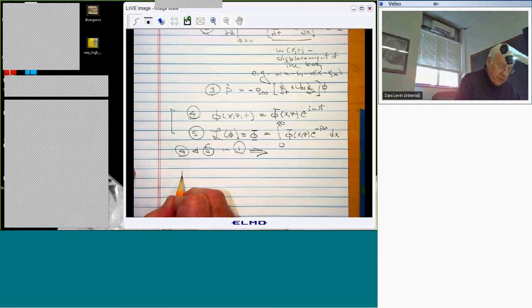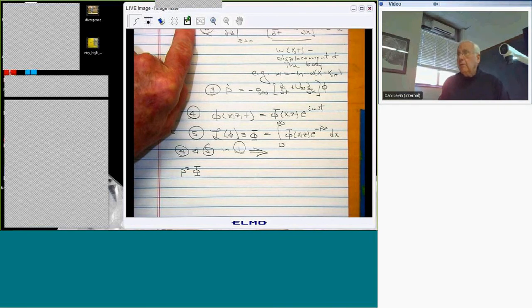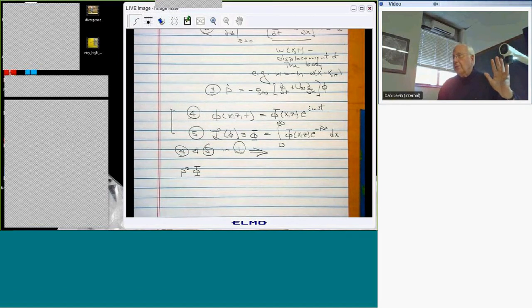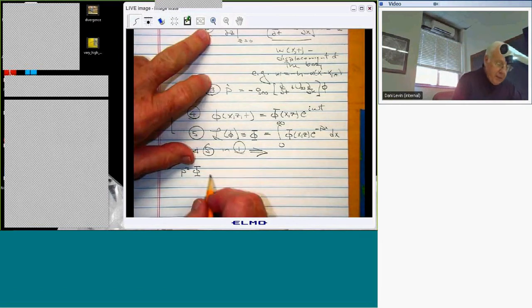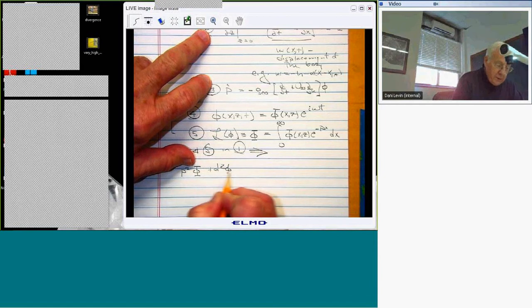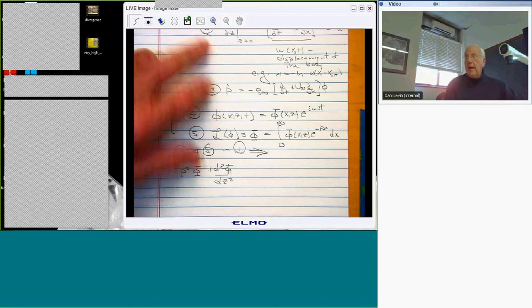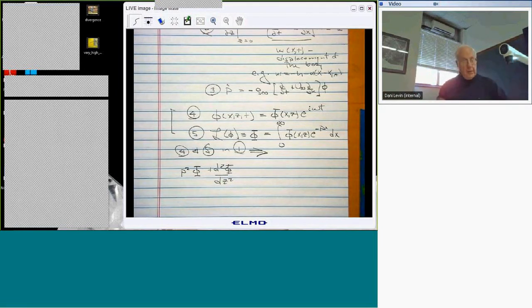what do we get? We get p squared capital phi, because the Laplace transform of the second derivative is just p squared times the Laplace transform of the function itself. And in a moment, I'll do an aside and tell you how you can show that's true on the back of an envelope, provided it's a fairly large envelope. Right. P squared that. Then we have the second derivative of phi with respect to z. Now, I write this as an ordinary derivative because by now, the only thing that gets differentiated in this equation is with respect to z.